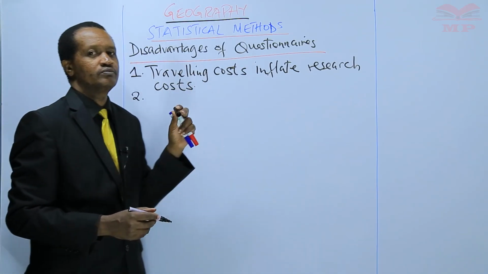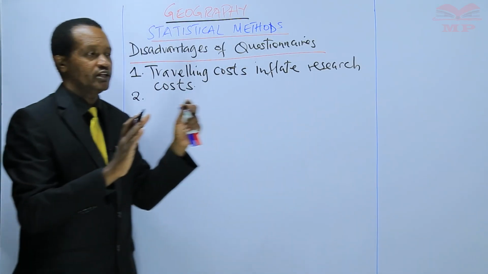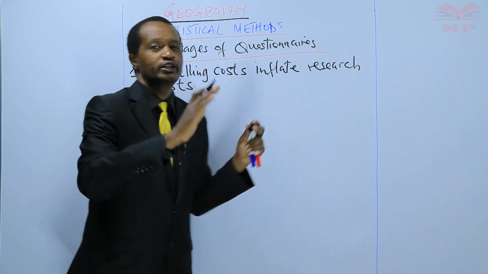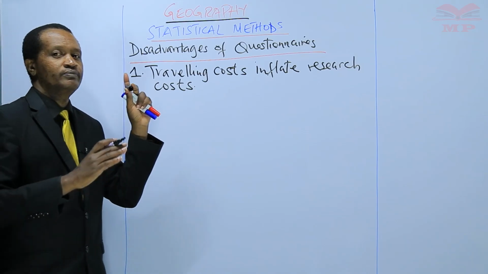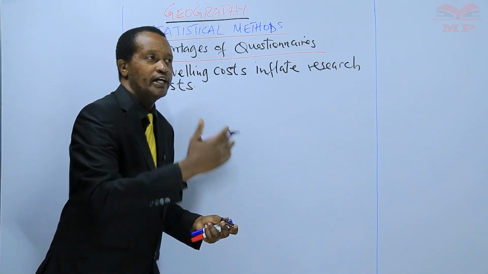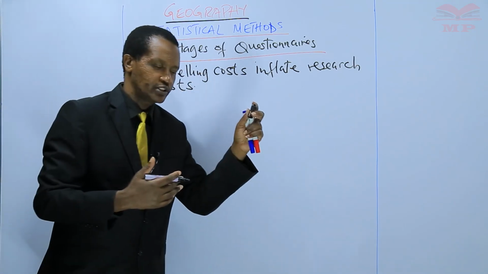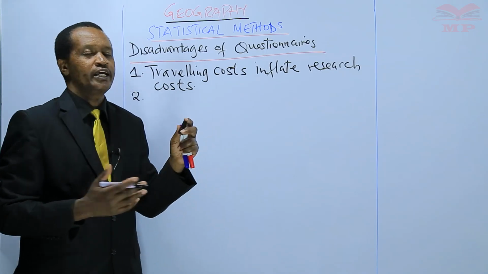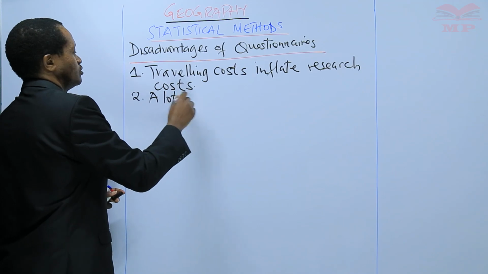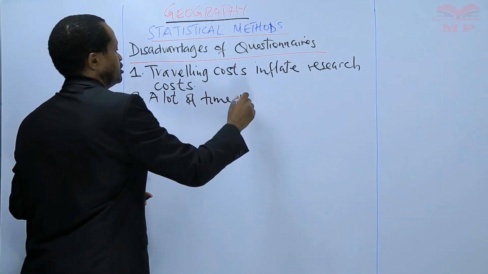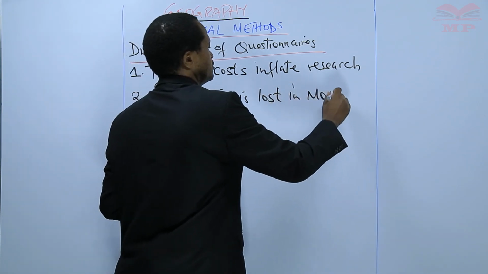Again, this method, disadvantage number two, related to the cost, there is a disadvantage of time. A lot of time is required in movement from point A to point B. A lot of time is lost in movement.